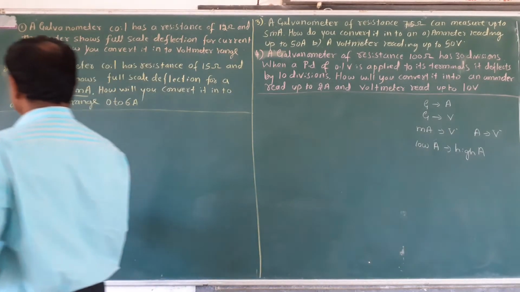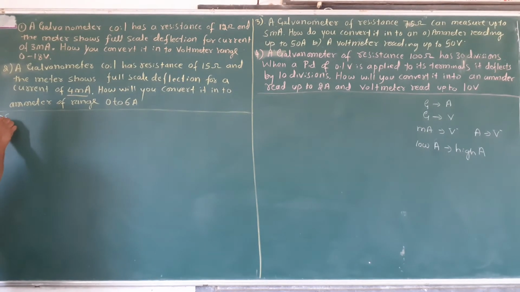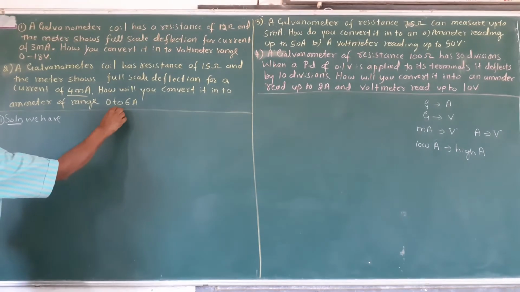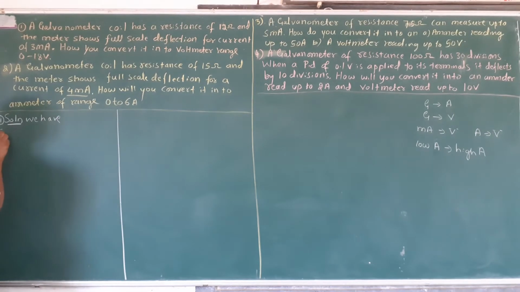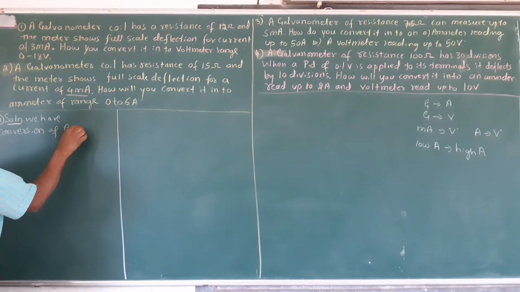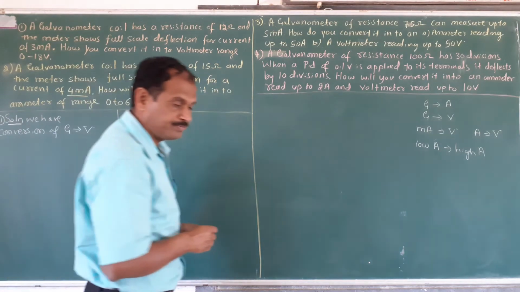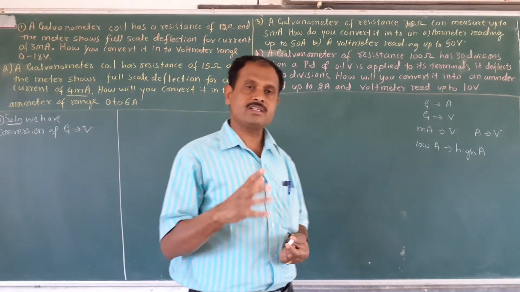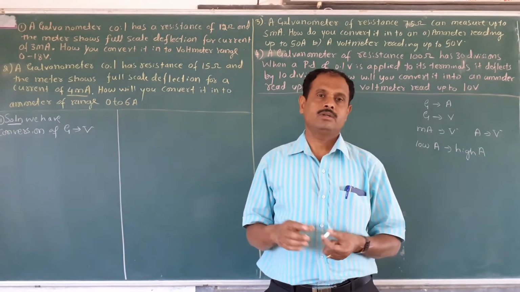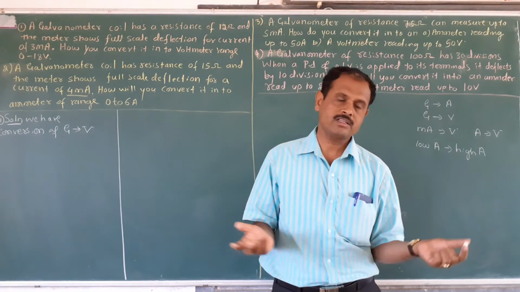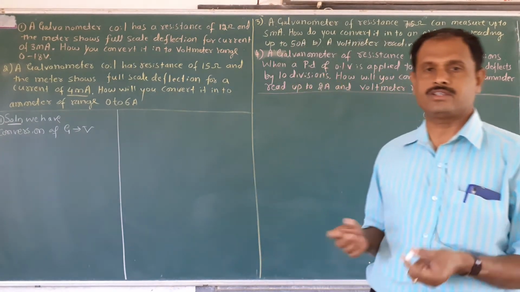Now the first problem is the conversion of a galvanometer into a voltmeter. How do you convert a galvanometer into a voltmeter? A very high resistance is connected in series to the galvanometer, then it is converted into a voltmeter.